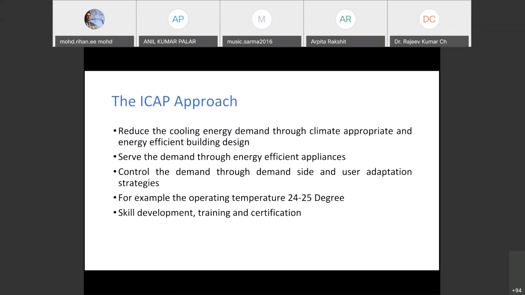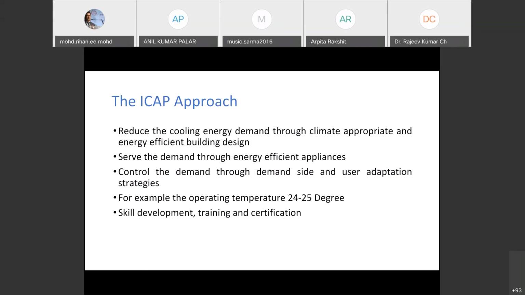Then one simple thing like the operating temperature. I hope some of you have seen news reports in the last year or before that the government is planning to make it mandatory that air conditioners are designed to run only at a minimum temperature of 24-25 degrees, not below that. But that has not been made mandatory; rather it is an advisory.